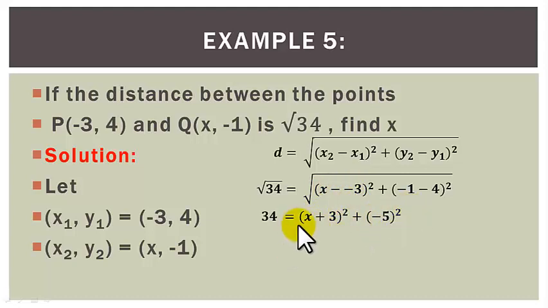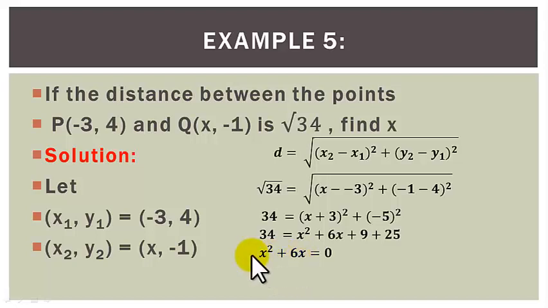Now let us expand this to obtain 34 equal to x squared plus 6x plus 9, then plus minus 5 squared is 25. 9 plus 25 will give us 34. And when you take 34 to the left hand side, that will become 34 minus 34 equal to x squared plus 6x. And that will give us x squared plus 6x equal to 0.